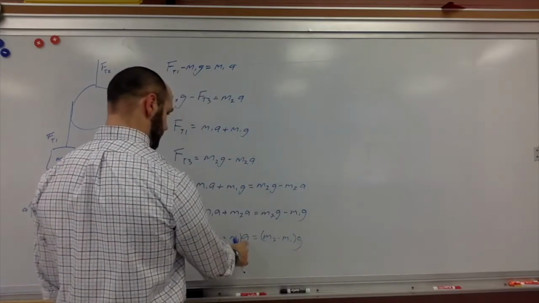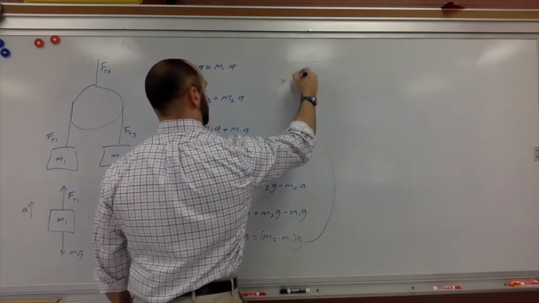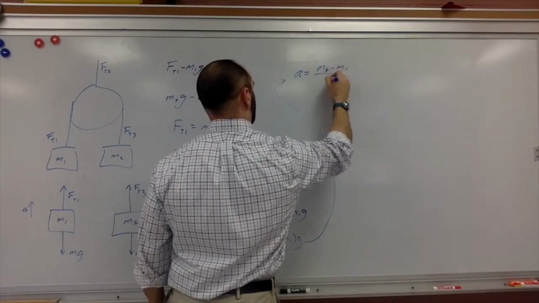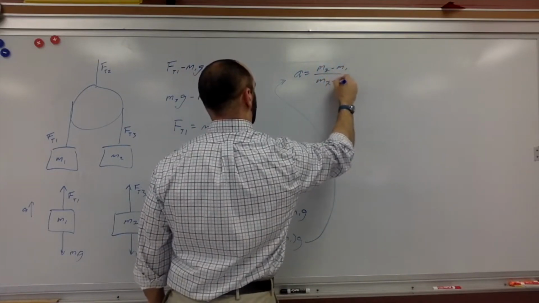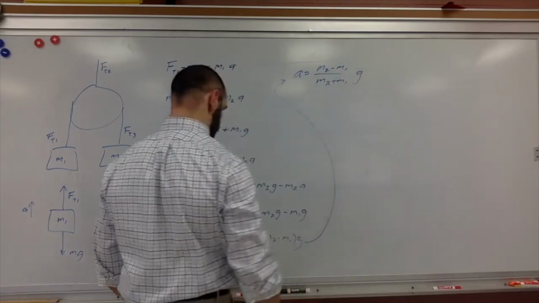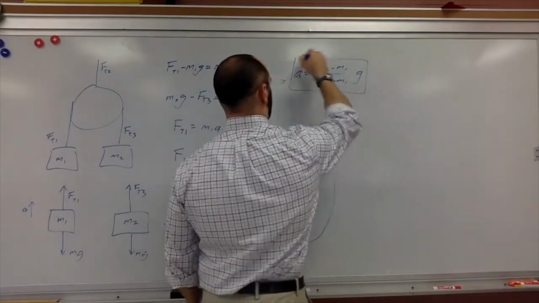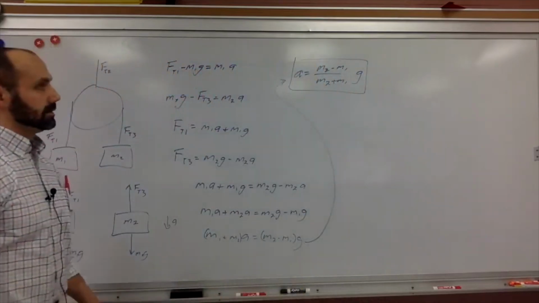And now I'm solving for a, right? So let me just bring this back up here. So a is equal to m2 minus m1 over m2 plus m1 times g. And that's it. This is the formula for the acceleration of the blocks in this type of situation.